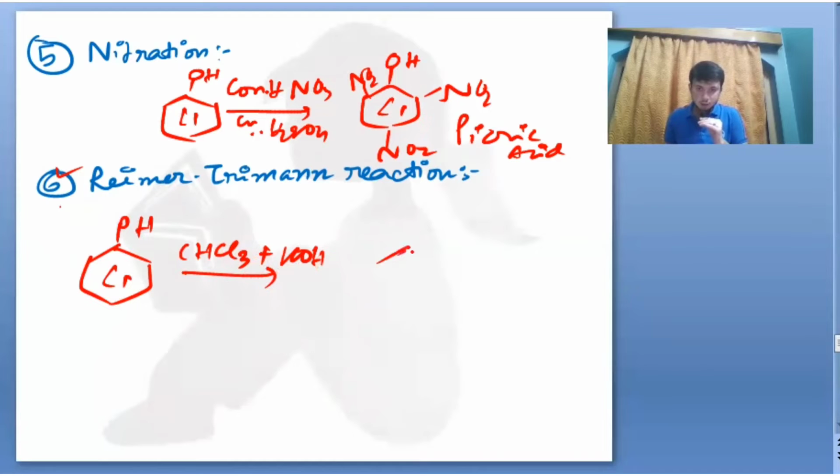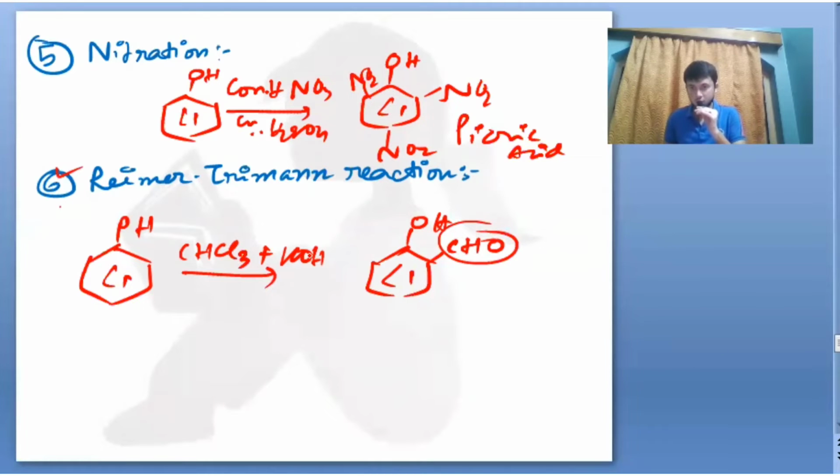It gives us salicylaldehyde. So what is salicylaldehyde? One CHO will be added at the ortho or para position of our phenol's OH group, and that will be called salicylaldehyde.